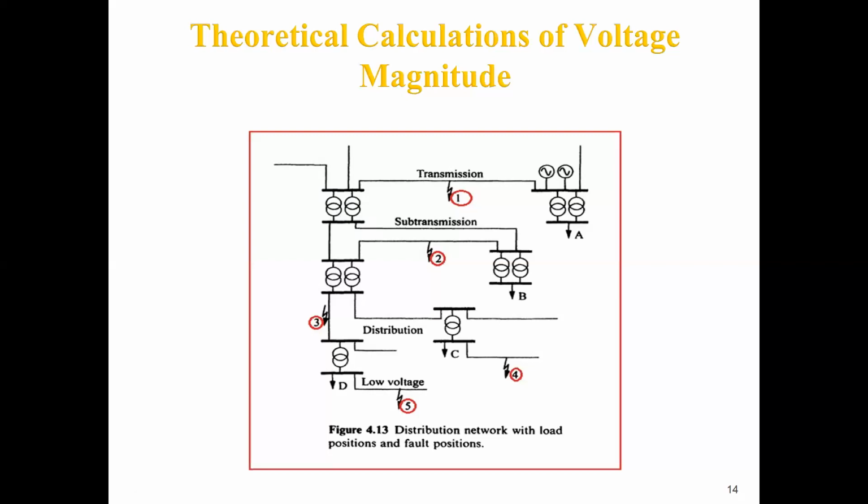The result is that a deep sag is experienced by all of A, B, C, D. The sag experienced by A is likely to be somewhat less deep compared to the remaining 3.